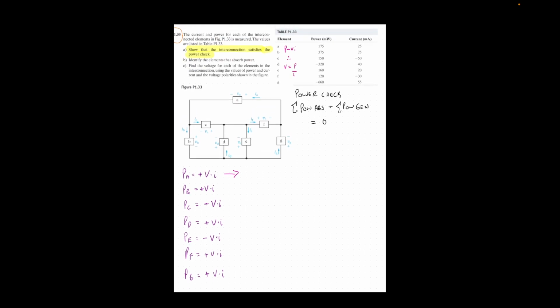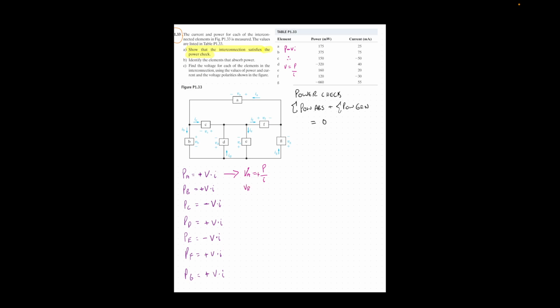So let's go ahead and write this through, keeping in mind our same passive sign convention. So my voltage VA will equal my power divided by my I, and this is a positive.